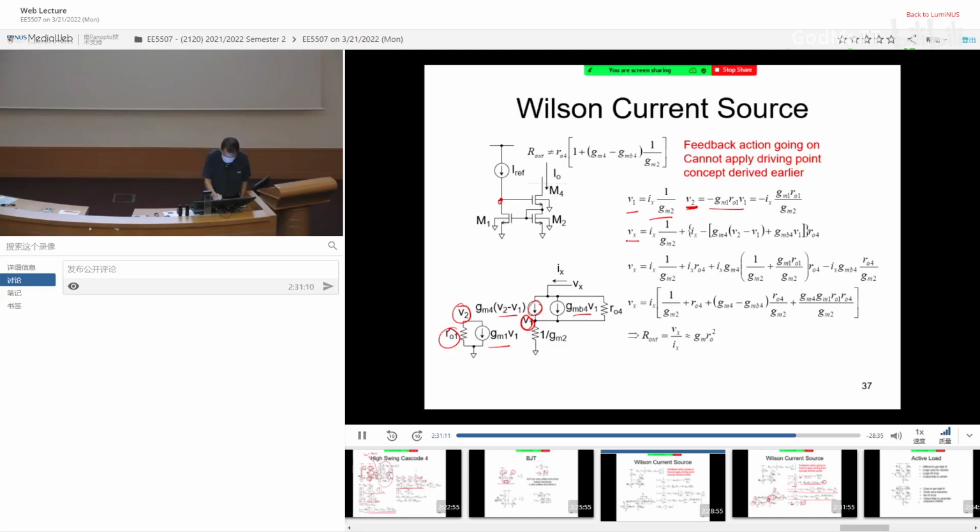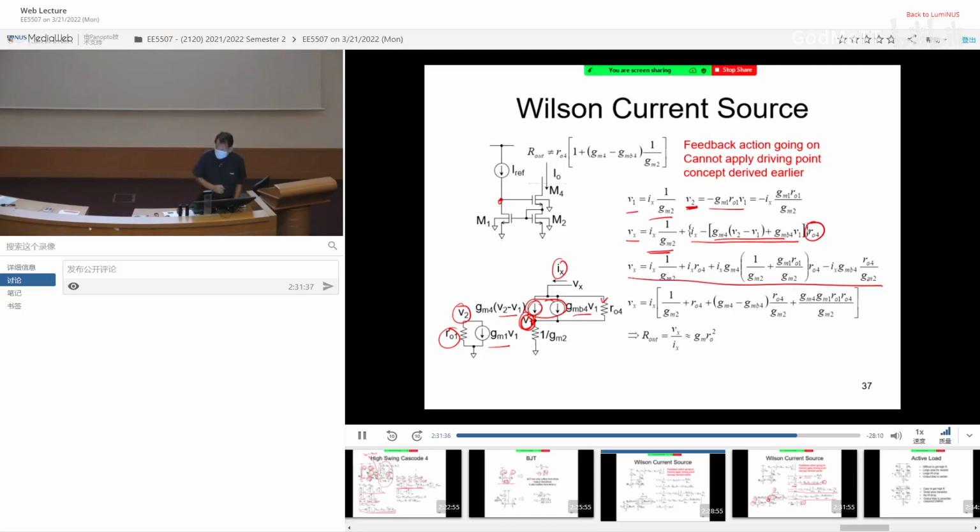And then your Vx is given by your V1, which is this guy, plus whatever the current flowing through r04. This is the current flowing through r04, which is basically Ix, subtract away this current, and then you multiply by r04. And then you rearrange the equation.